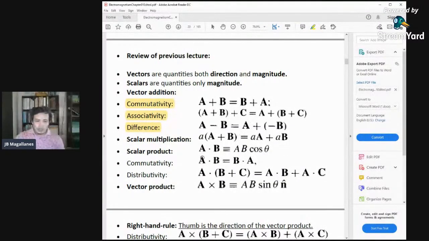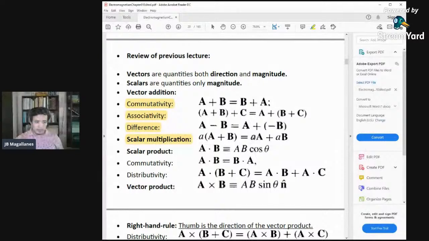For scalar multiplication, if you multiply a vector or sum of two vectors by a scalar, a here is a scalar, meaning it has no direction. This A and B have directions. You can distribute the scalar. So this is just a times A plus a times B. The a here could be greater than 1.